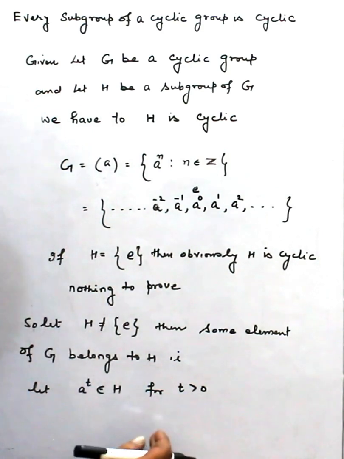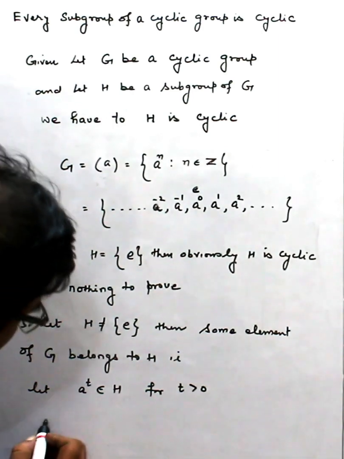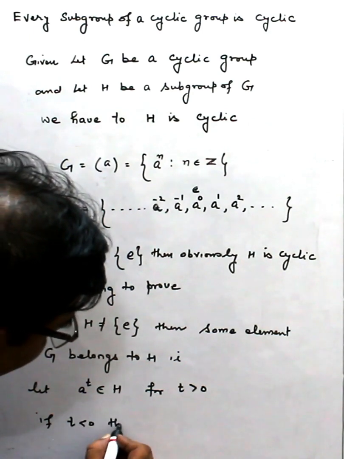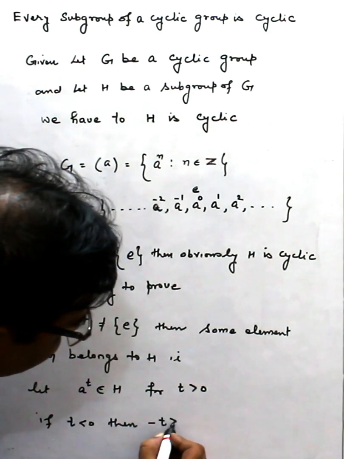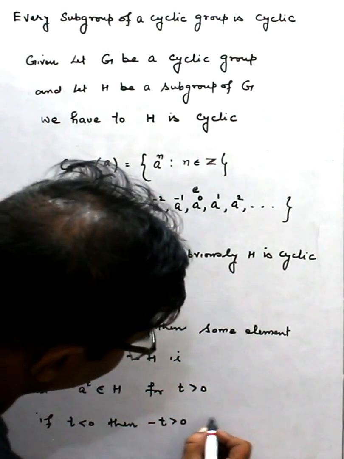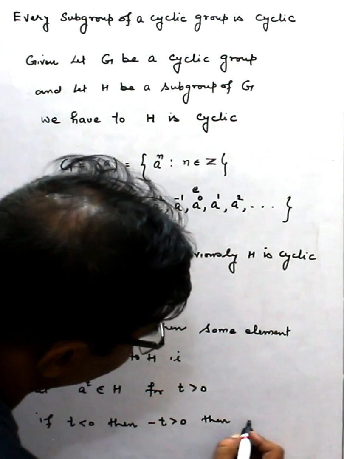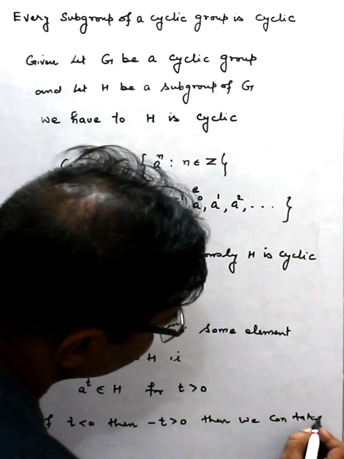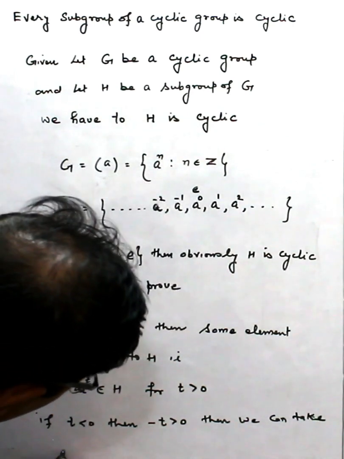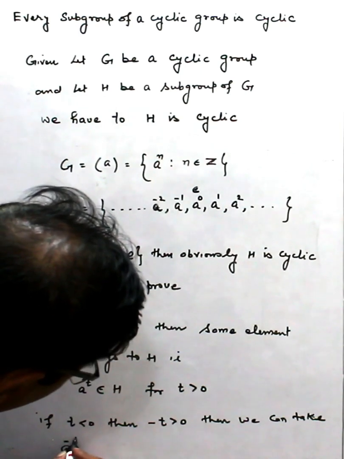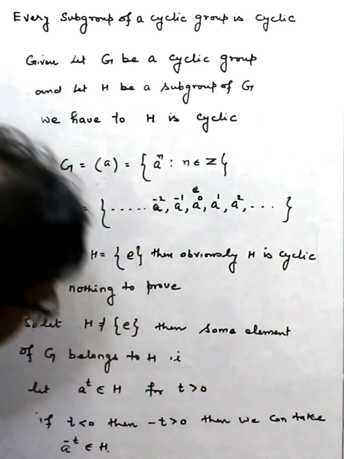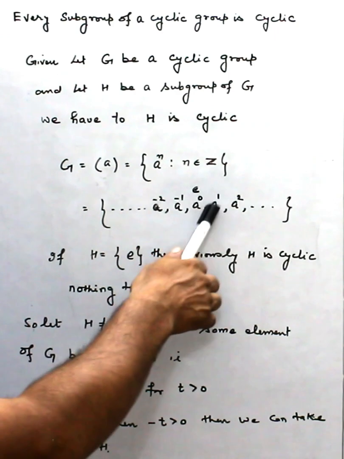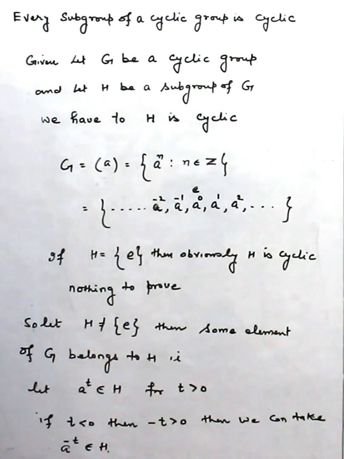If t is negative, then -t is positive, and then we can take a^-t belonging to H. That means in both cases we can say that some power of a is in H.